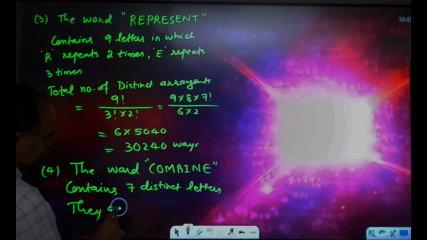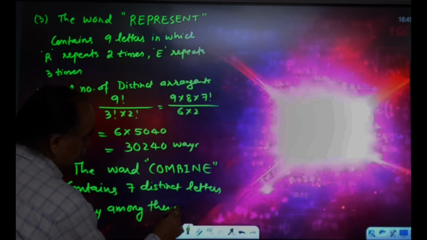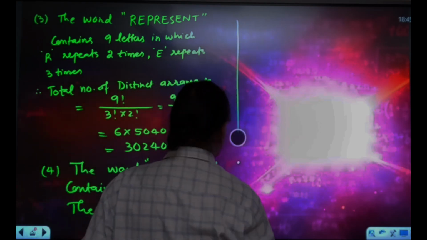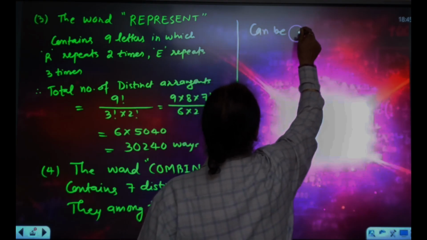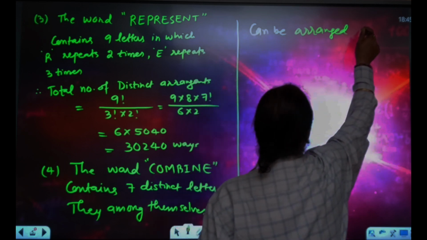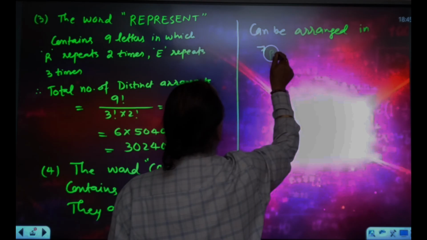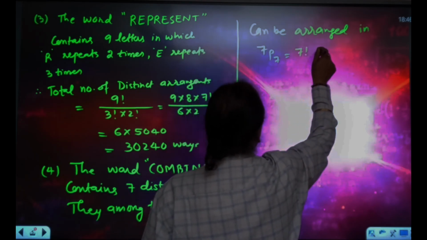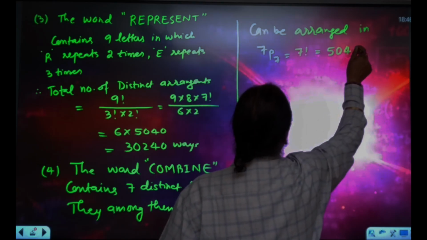They among themselves can be arranged in 7P7, 7 factorial, is equal to 5040 ways.